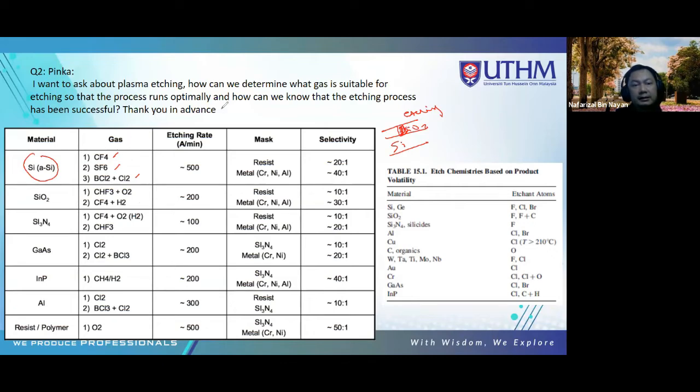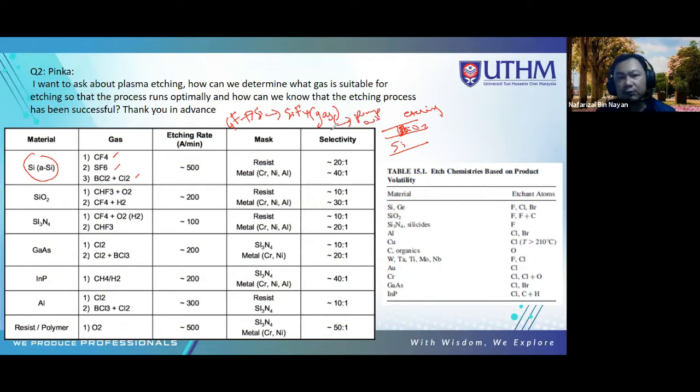I will show the chemical reaction later on, where you create the F. That F will react with the silicon, and it will create SiF4. So 4F react with the silicon, and we create SiF4 in the form of gas. That gas will be pumped out. That's why we can do the etching process.